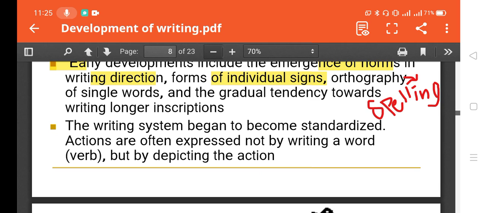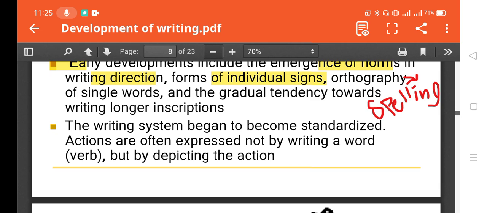Standardize means to become standard or to gain some value. We'll see how the English language became standardized and how it was different from the older version known as Old English.